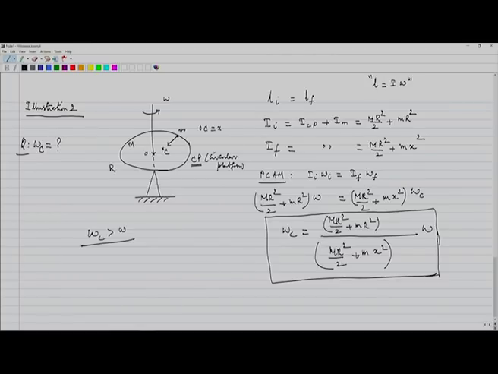What does it mean? It implies that the rotational kinetic energy at C is greater than the rotational kinetic energy initially. That means as this mass little m moves towards the center, the kinetic energy of the entire system is increasing.